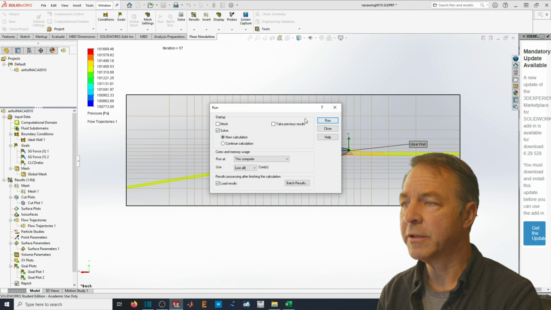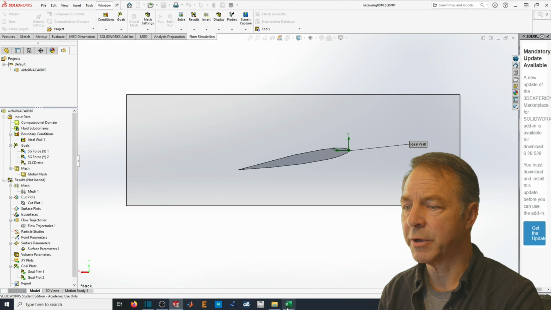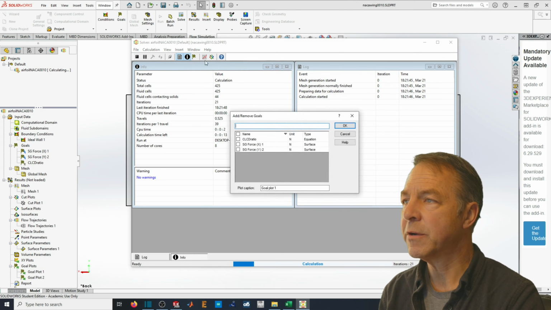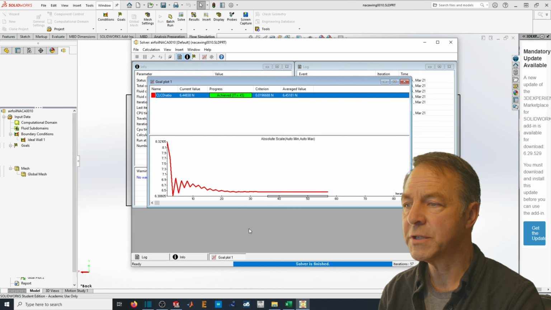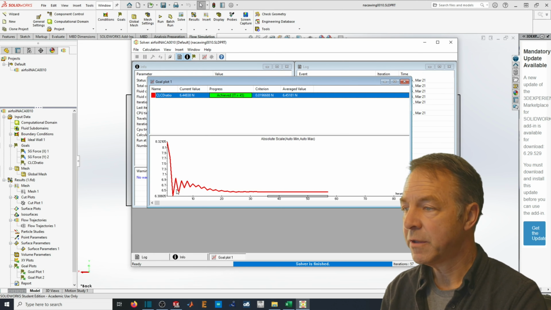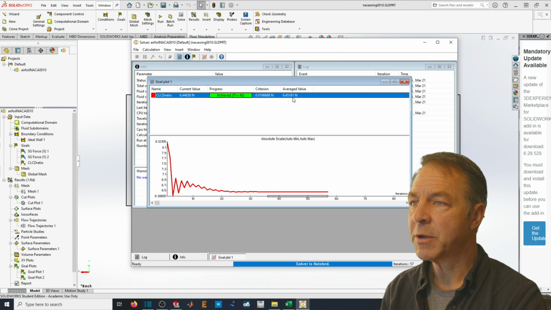I'll do a new calculation. I won't take the previous results, but I'll just run it. In the window that opens up here, I can actually plot the goals as it goes along. And you can see the solver finished. There were oscillations in the goal, that's that ratio, and it finished up with an average value of 6.4.